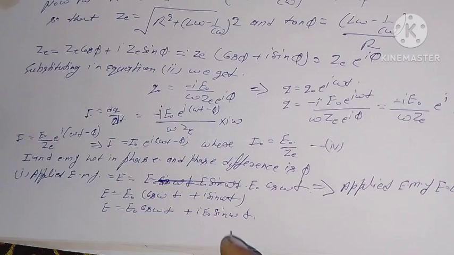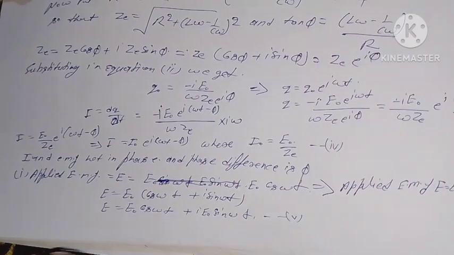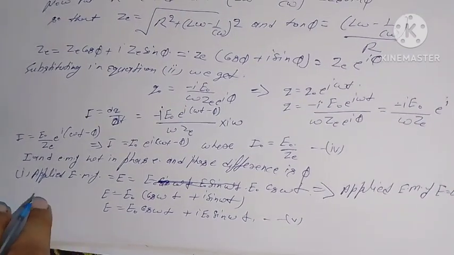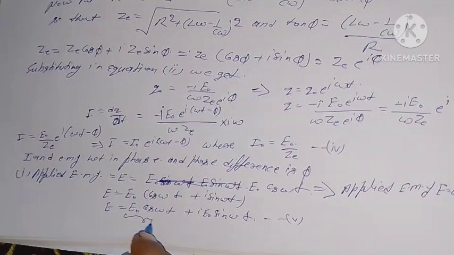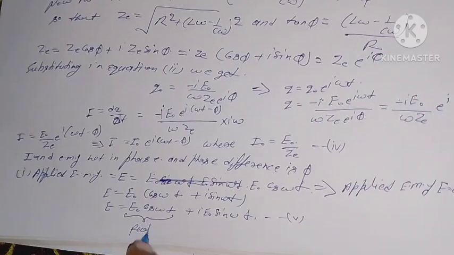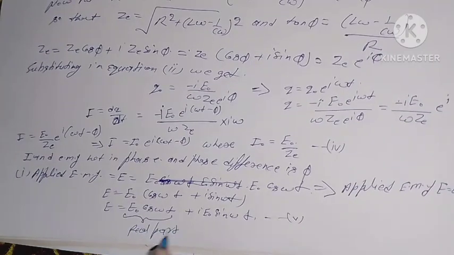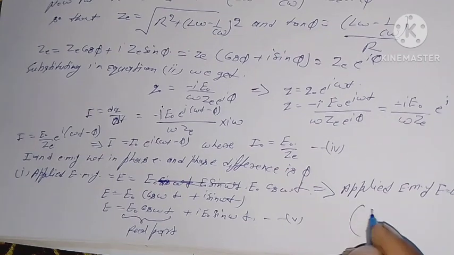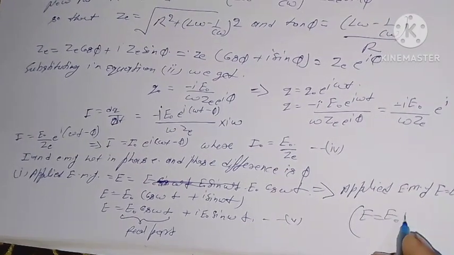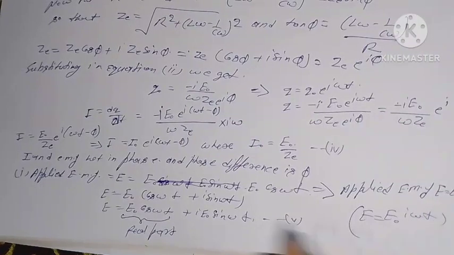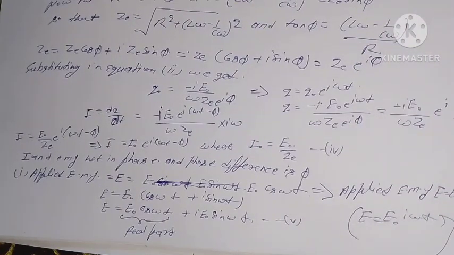This is the equation number 5. E equal to E naught cos omega t is the real part of the complex quantity E equal to E naught e to the power i omega t.